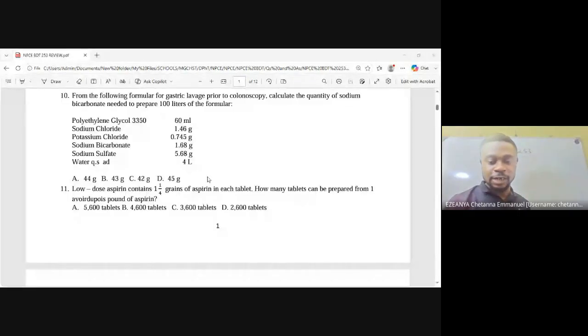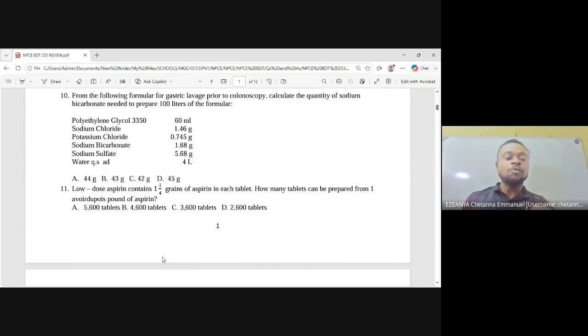Okay, so let's solve this question. As you can see, the question has polyethylene glycol 3350, 60 ml, sodium chloride. They want us to calculate the quantity of sodium bicarbonate that is required to prepare 100 liters.